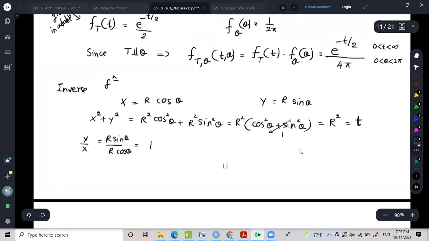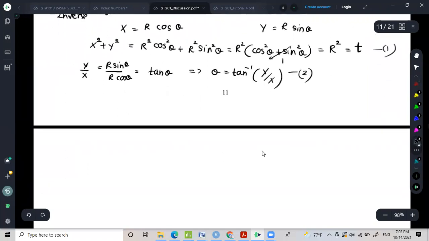The r cancels out and you get sin theta over cos theta, which is tan theta. So t is x square plus y square, and theta becomes tan inverse of y over x. These are the two equations you are going to use as the inverse: t, or r square, is x square plus y square, and theta is tan inverse y over x.